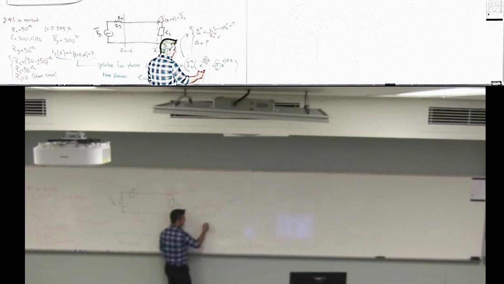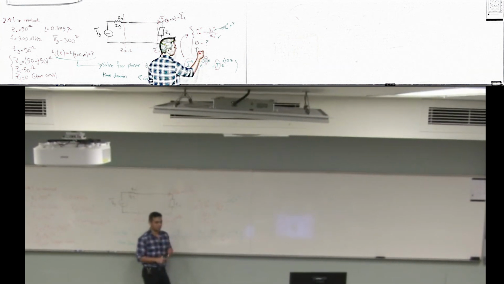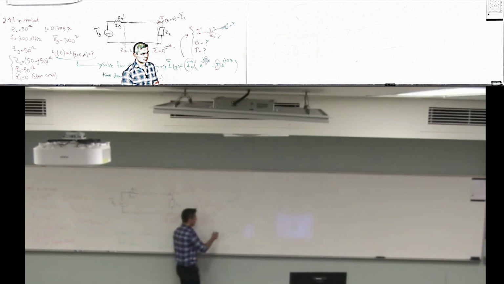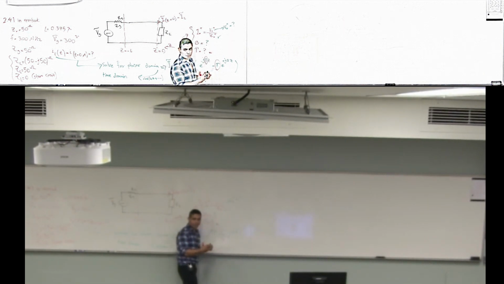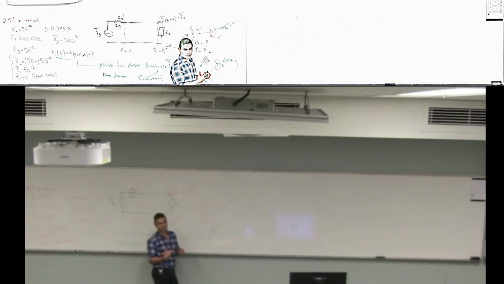Then what do we have? Gamma. Unknown. Okay? Gamma I know is the reflection coefficient. Does anyone remember what gamma is?